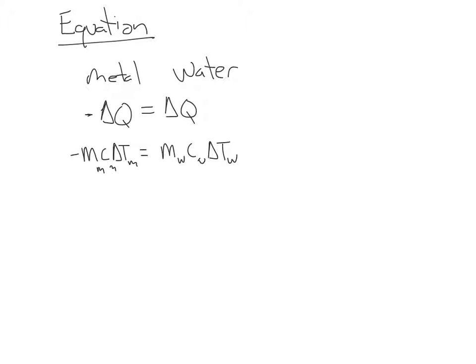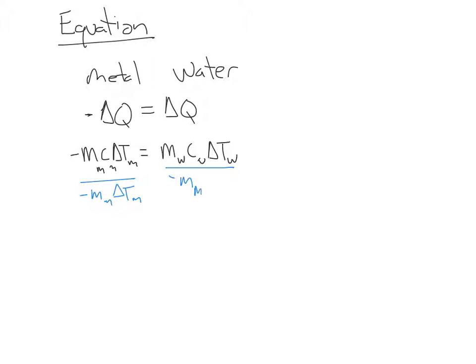What I'm going to do here is solve this for the specific heat of the metal, which was the goal. So I want to get this mass and this change in temperature to the other side. The mathematics I'm going to do is divide by negative m sub m delta T m, and since I'm doing that on one side, I also need to do it on this side.